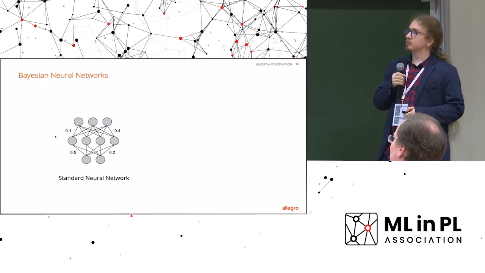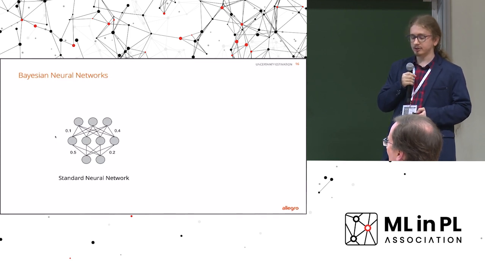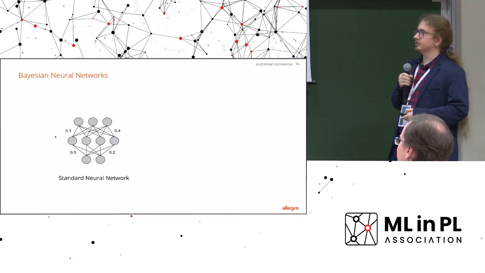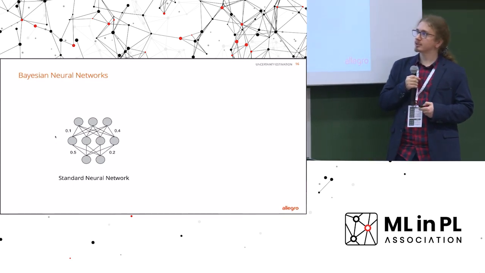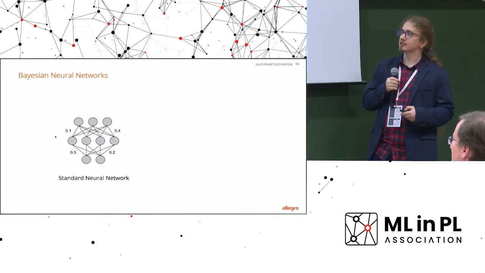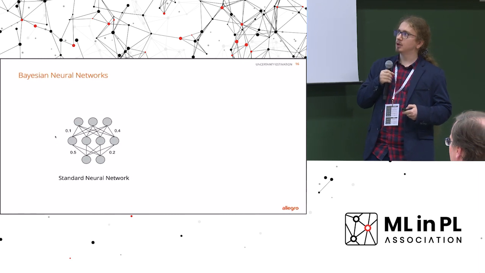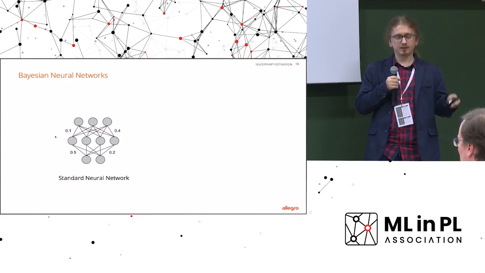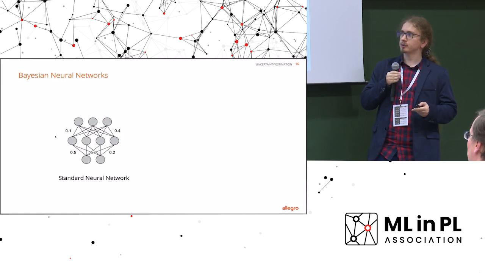So now let's see how we can estimate uncertainty in our models. One way, I think you can say a natural way of doing this, is to utilize a Bayesian neural network. So let's explain what that is. In a standard neural network, when we train our model, we get a discrete set of weights. And then each time we input the same test example to our model, we get basically the same output.